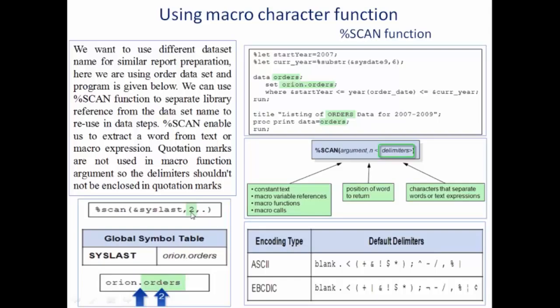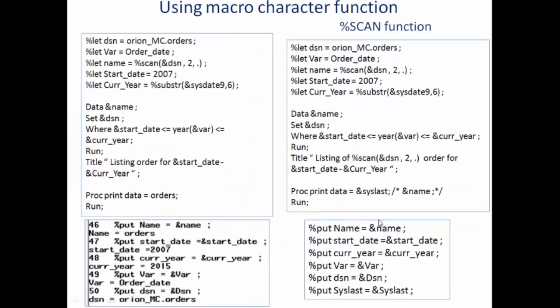In that case, either I put 1 here, which gives me the result oran, or the second option is to write -2. When we write -2, counting starts from right to left, not left to right. Usually it is left to right, but in case of a negative value, it starts counting from right to left. Clear?